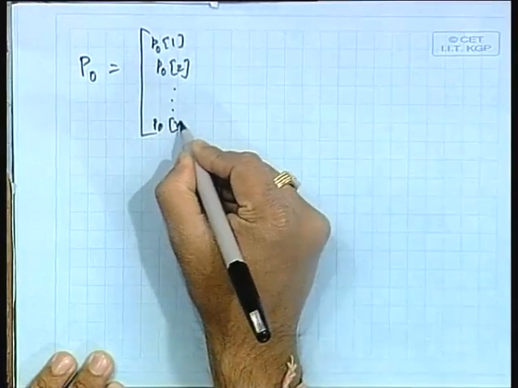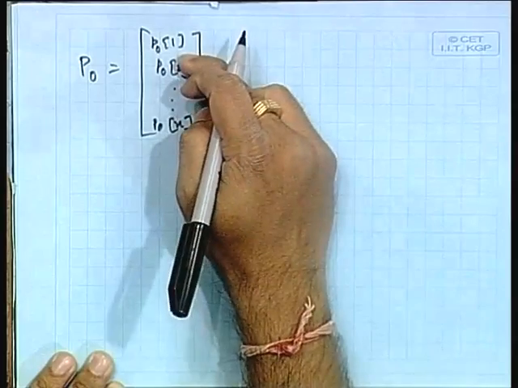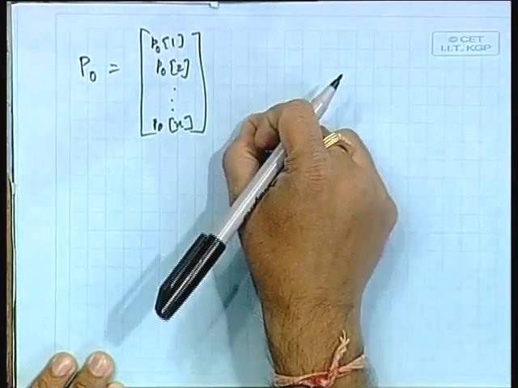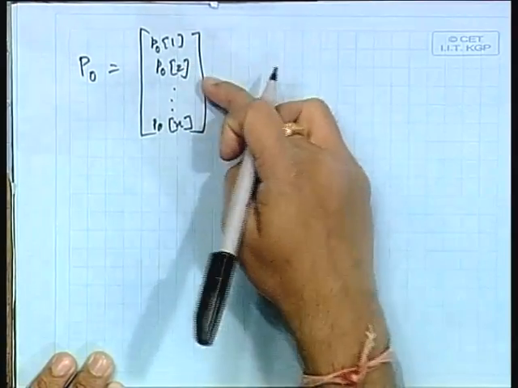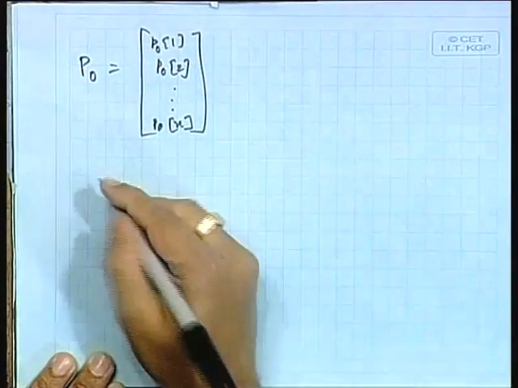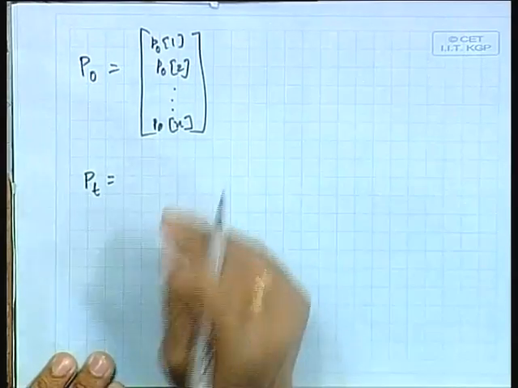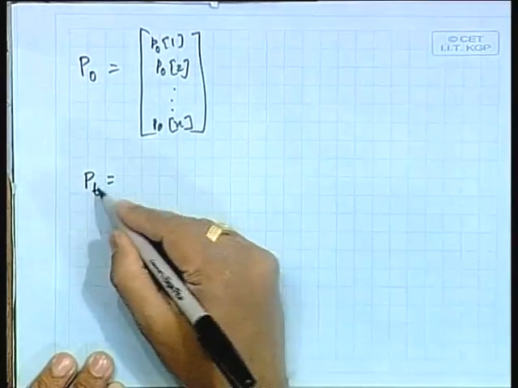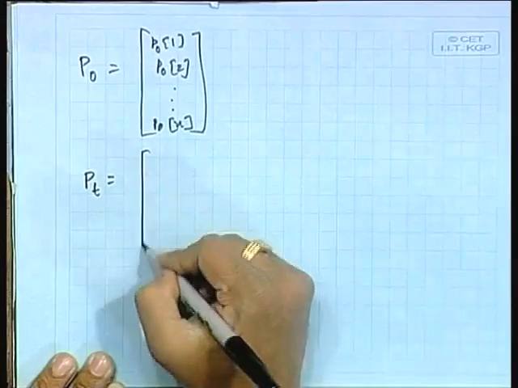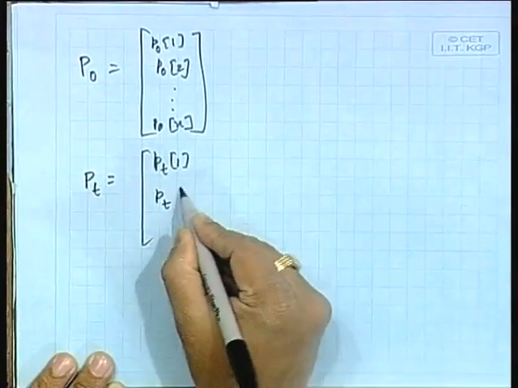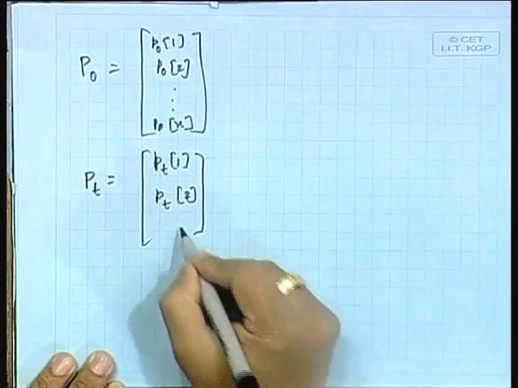It is a vector, where P01 is the probability that at step 0 the random walker is at node 1, this is the probability that the random walker is at node 2, and so on. So, Pt is nothing but the probability that after t steps the random walker is at node 1, node 2 and so on.